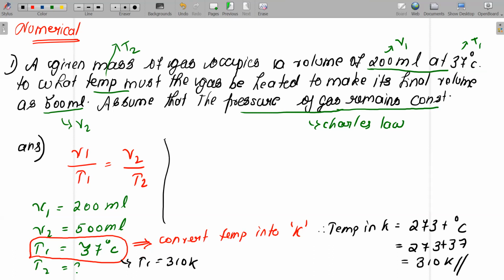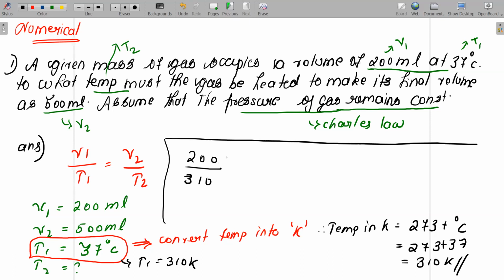Now you can do the remaining numerical, right? So what is the equation? V1 by T1 is equal to V2 by T2. You should find T2, right? The equation will become V1 is 200 divided by T1, which is 310, equal to V2, which is 500, divided by T2.